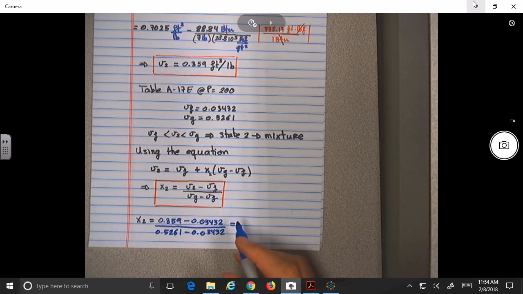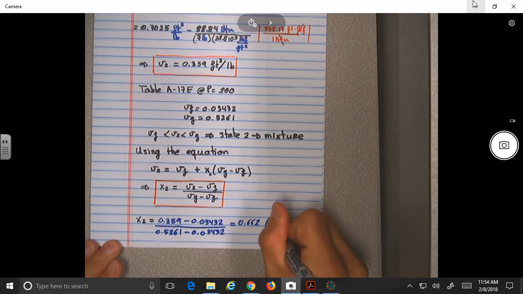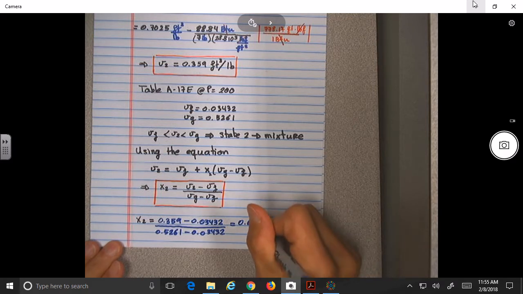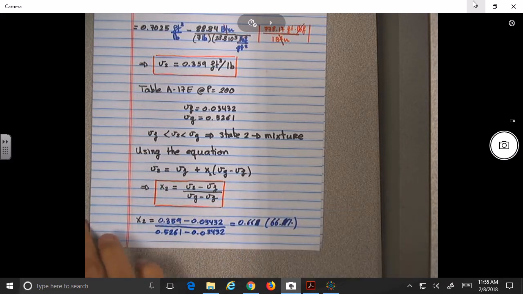So you get 0.662. Can somebody double check? Okay, so this is the same as saying 66.2%. So let's just do 0.66, alright? So it will be 66%.